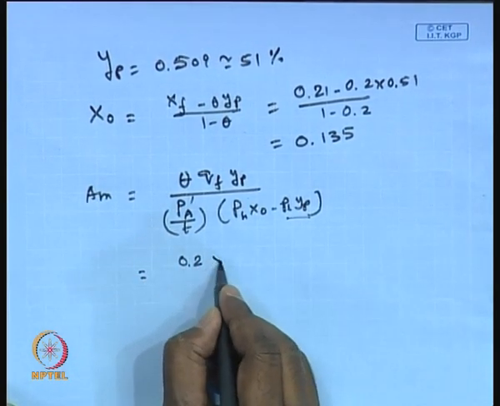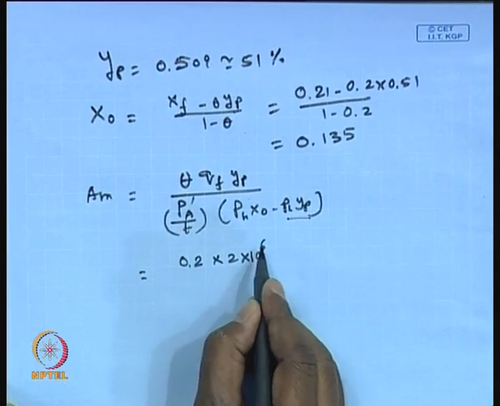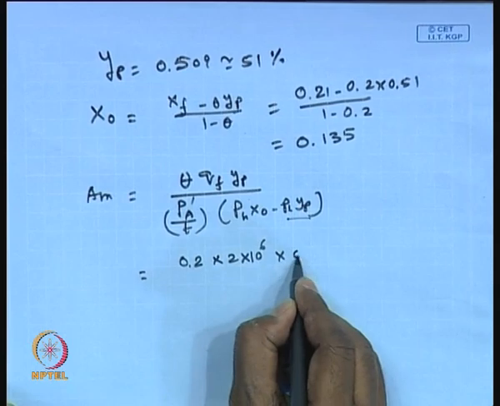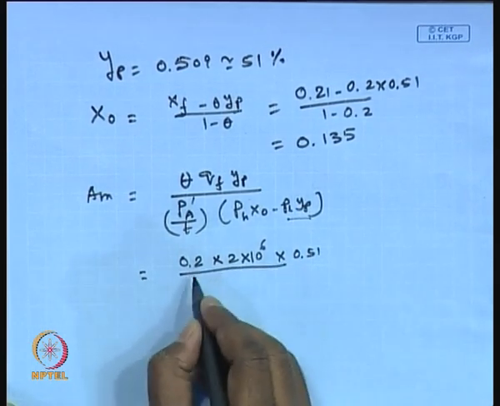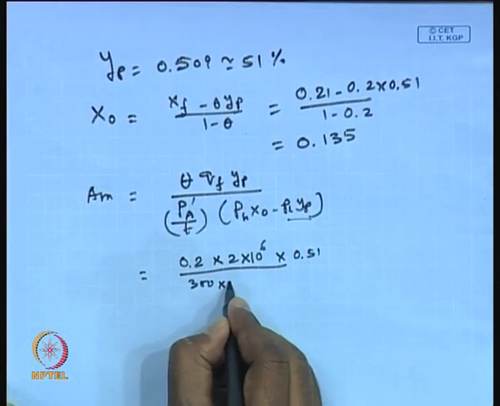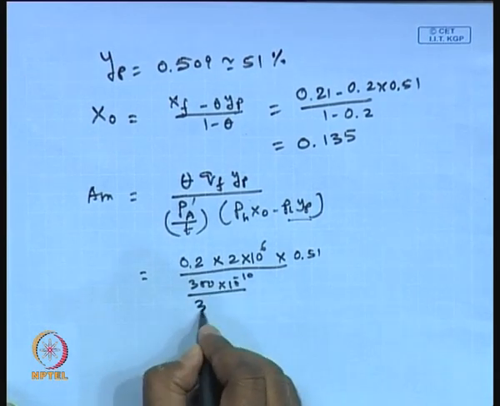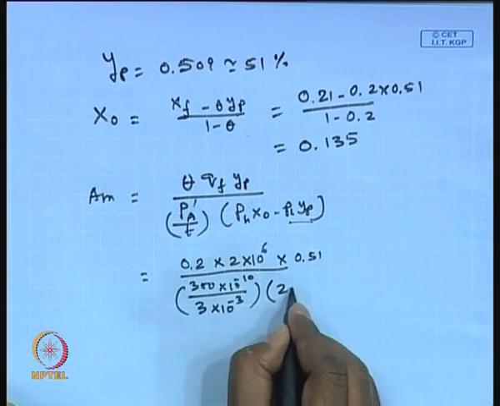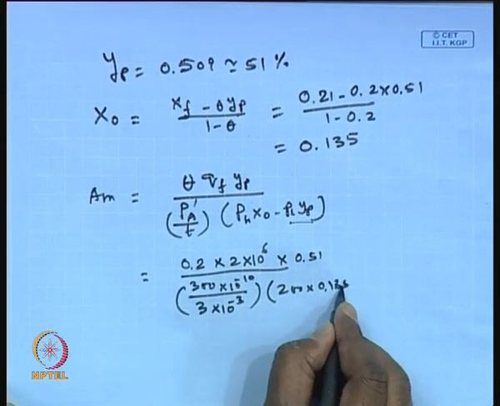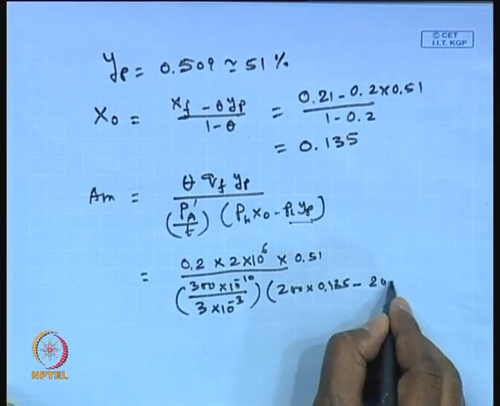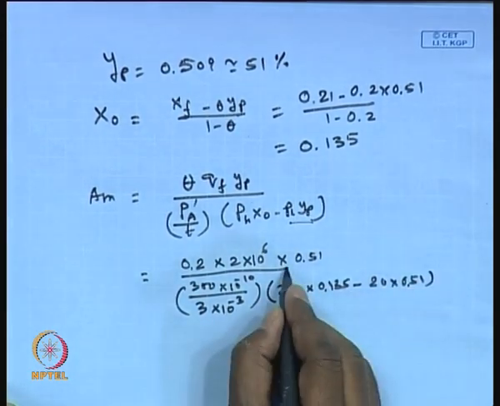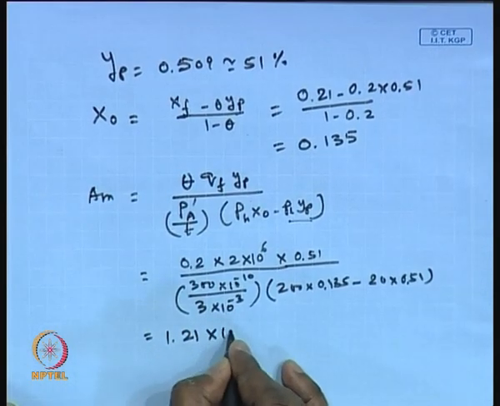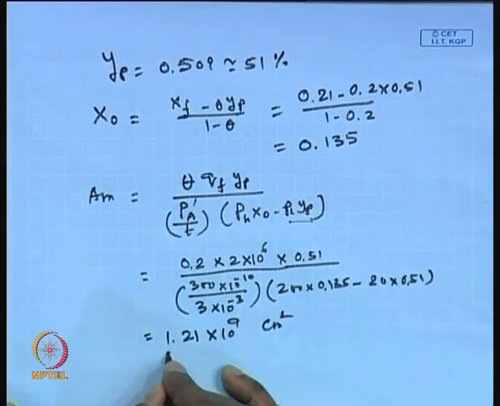So, it is 0.2 into 2 into 10 to the power 6, that was given, into 0.51 divided by 300 into 10 to the power minus 10 divided by 3 into 10 to the power minus 3, that is Pa prime by T, 200 into 0.135 minus 20 into 0.51. So, this membrane area turns out to be 1.21 into 10 to the power 9 centimeter square.